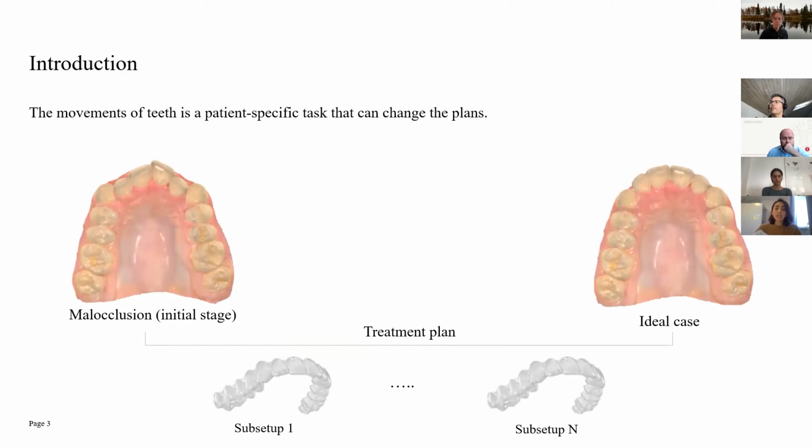Each of these subsetups depends on the efficiency of the previous subsetups, in the sense of whether the teeth can be moved properly to the previous target position or not.